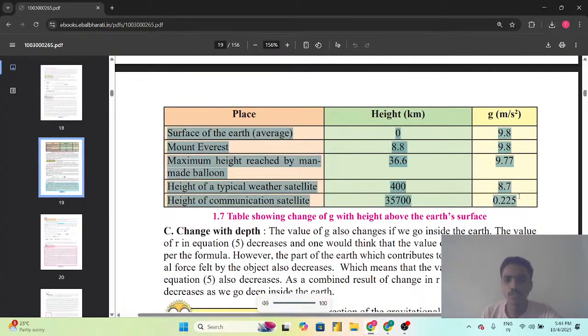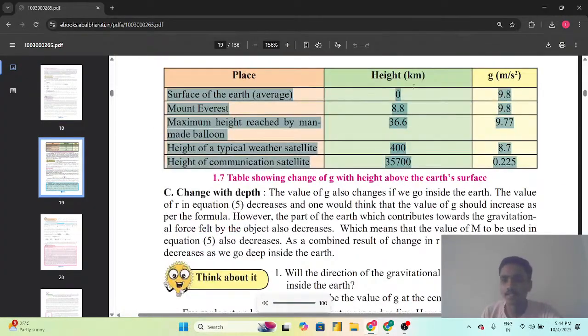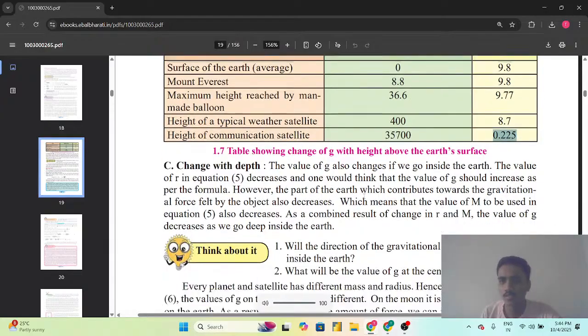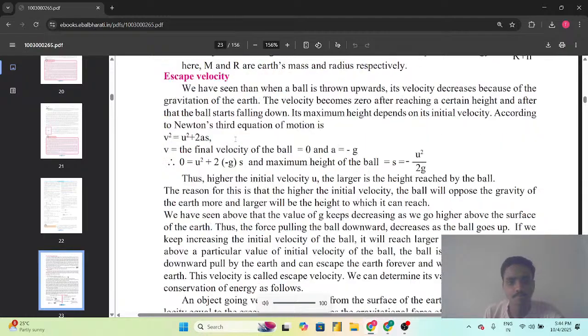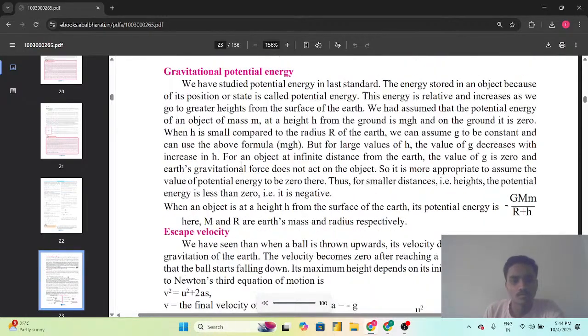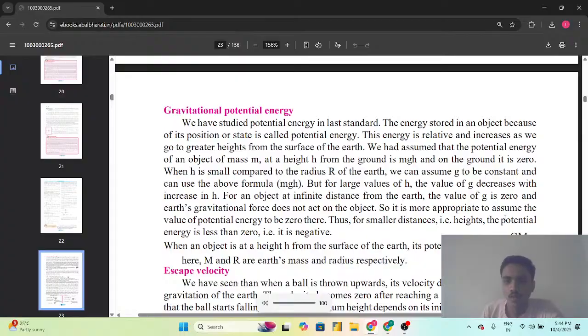Here we have seen in this chart that as height increases in kilometers, acceleration due to gravity decreases. But for larger values of h, the value of g decreases with increase in h.